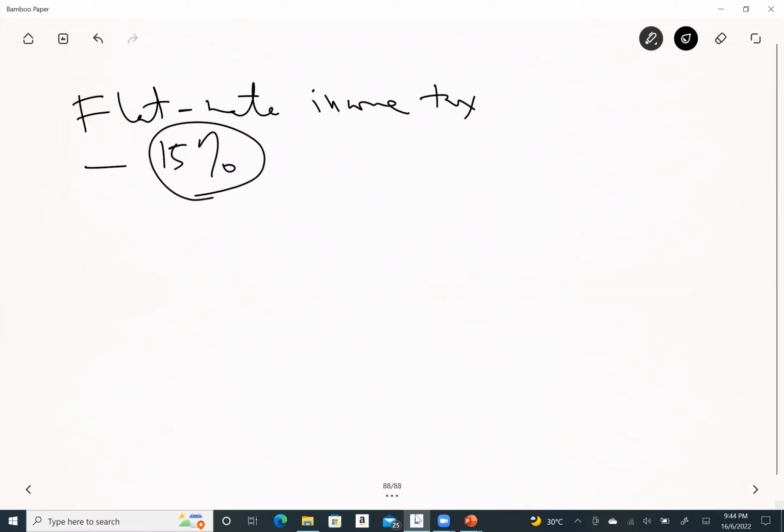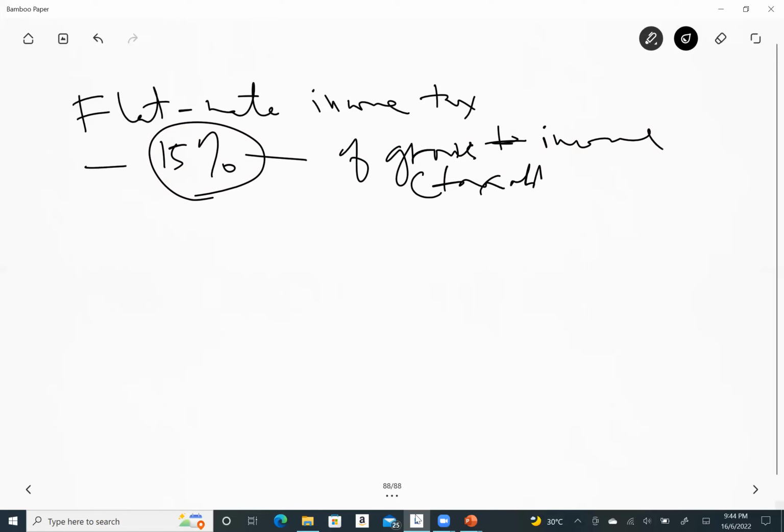Everybody pays 15% of your gross income, or, if they do deductions, then of the taxable income. Now, what is the problem with the flat rate income tax? Everybody pays the same percentage. Is it fair or is it not fair? Still not fair.